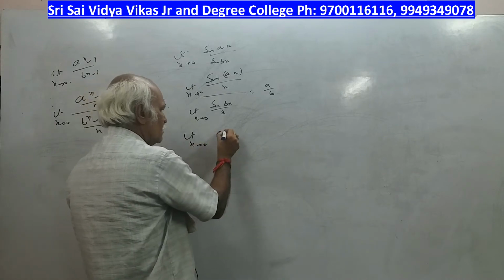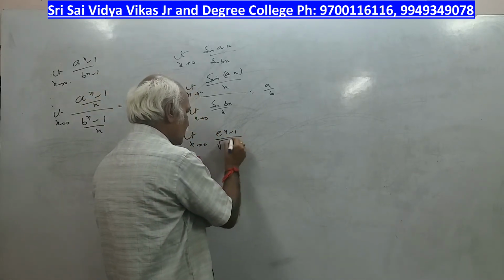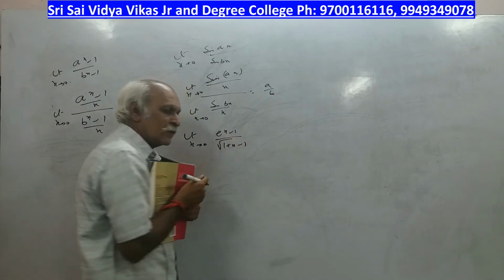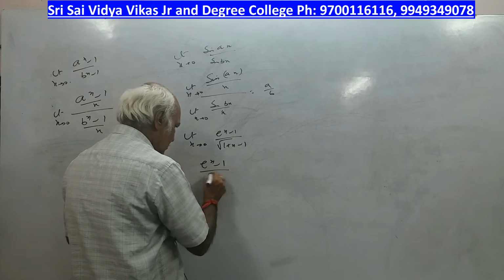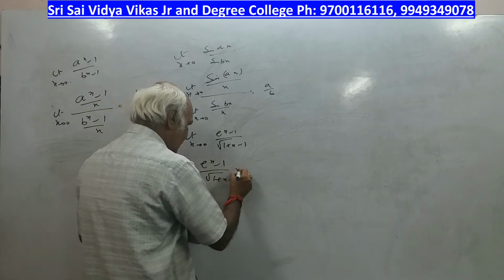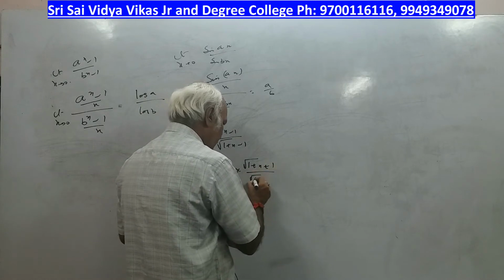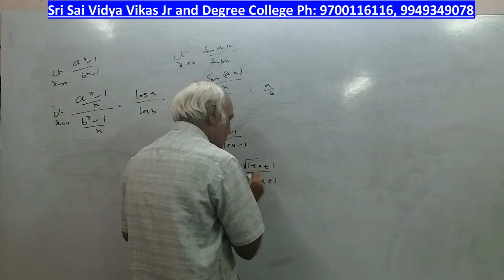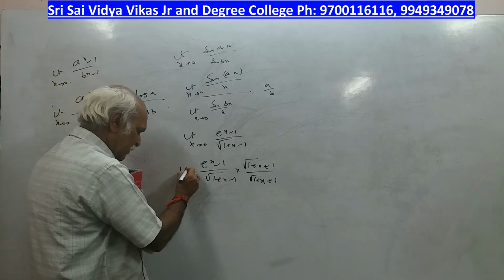Next, limit x tends to 0, e power x minus 1 by the square root expression minus 1. Observe here. First, what I will do is rationalize the denominator, multiplying by the conjugate with plus 1. I am not writing limits for now. Now I will write the limit.